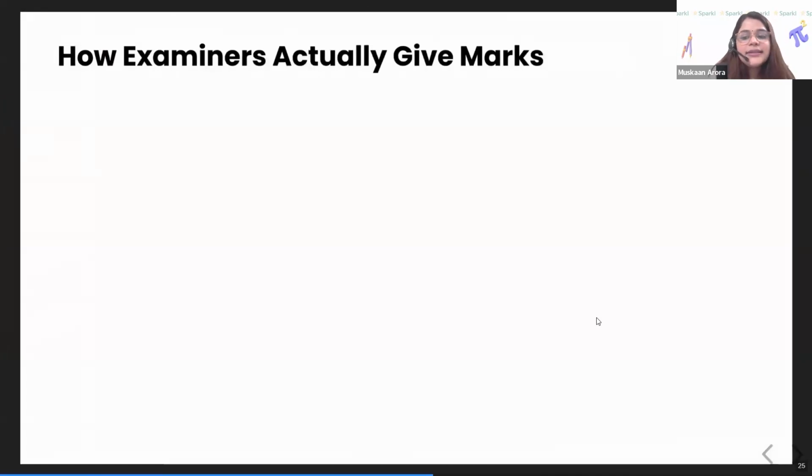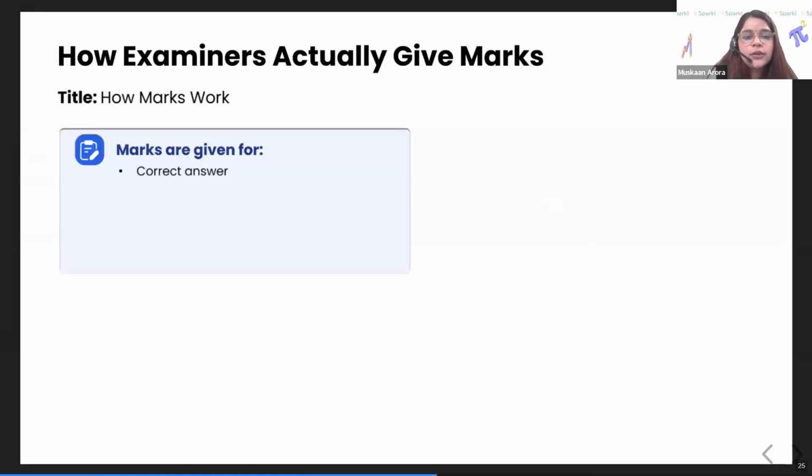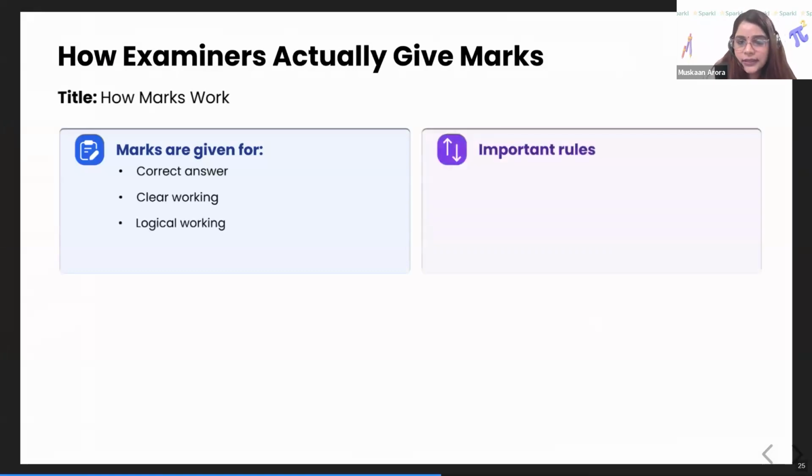Okay. Now let's look at something called how examiners actually give marks. All right. So I would like to know from you guys what your thinking is across different sorts of responses that you can have. How do marks work? So we know that marks are obviously given for correct answer, clear working, and logical reasoning. But still, there are some loopholes.